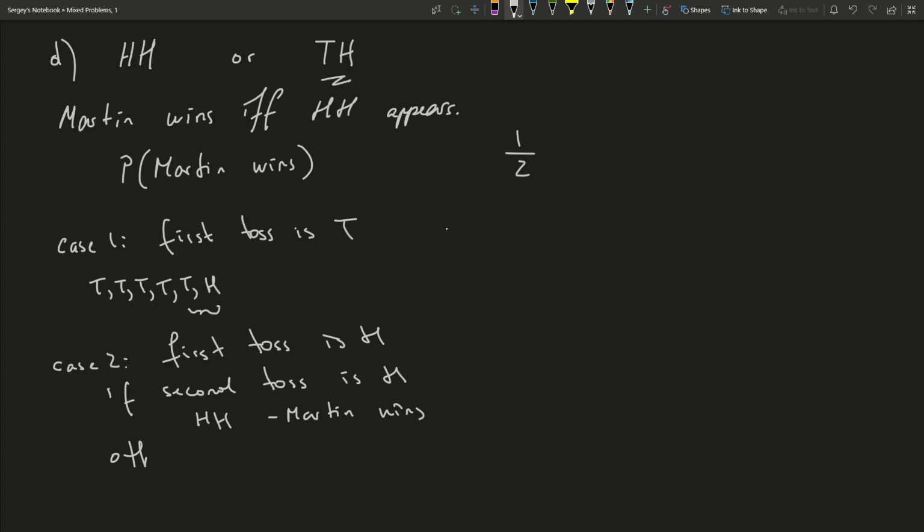Otherwise, if the second toss is tails, so we have something like heads, tails, then we're going to continue tossing as long as we see tails, but as soon as we see heads, we have a stopping criterion, TH. We're going to stop, and Martin has lost. So if the second toss is tails, Martin loses.